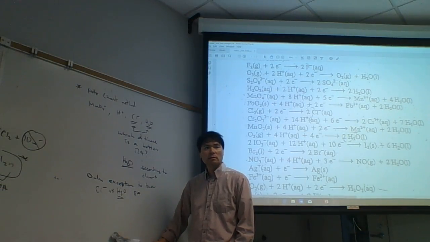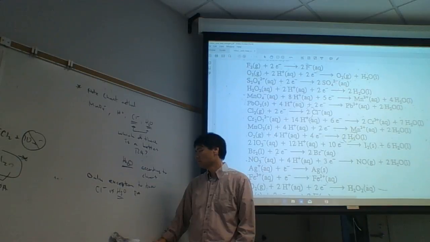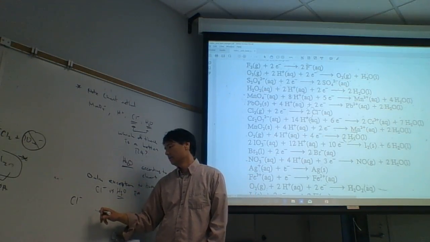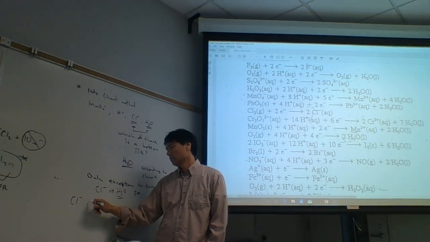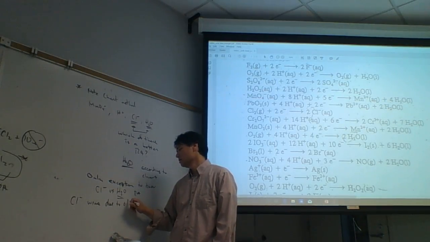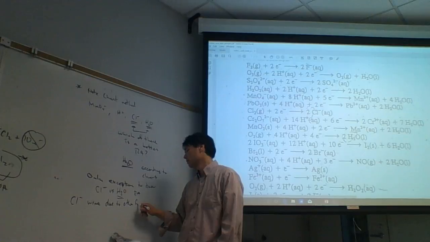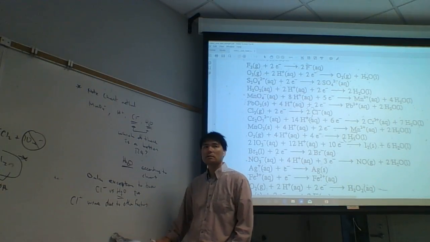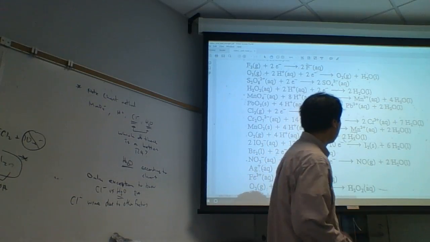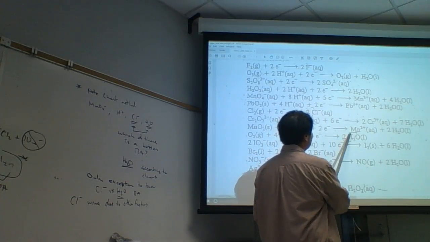But chloride wins. We call this kinetics. Due to other factors. I'll just leave it at other factors. We don't want to get too deep with this. And so this is the only thing you have to keep in mind. When we have chloride versus water, chloride's going to win.